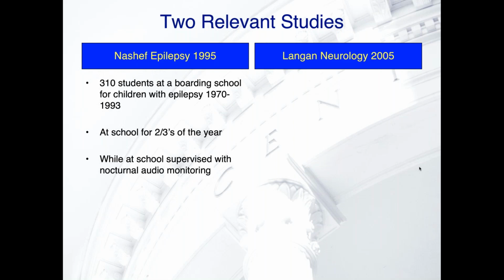And they looked at 310 students who went to a boarding school for children with epilepsy in the 70s and 80s. These children were at that boarding school for 2/3 of the year. And while they were at school, they were supervised by audio monitoring at night, meaning that basically someone had a monitor and listened in case something abnormal happened while they were sleeping.